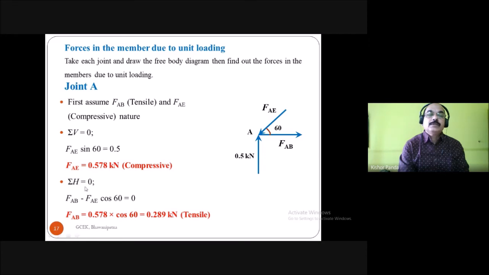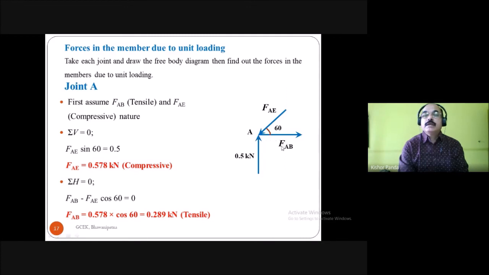Then you take the summation of horizontal force equal to 0. This is one horizontal force, and this is also a horizontal force, and the arrow mark is towards the right since you have assumed the nature of the force is tensile, and this is the inclined force, with its arrow mark towards the left.